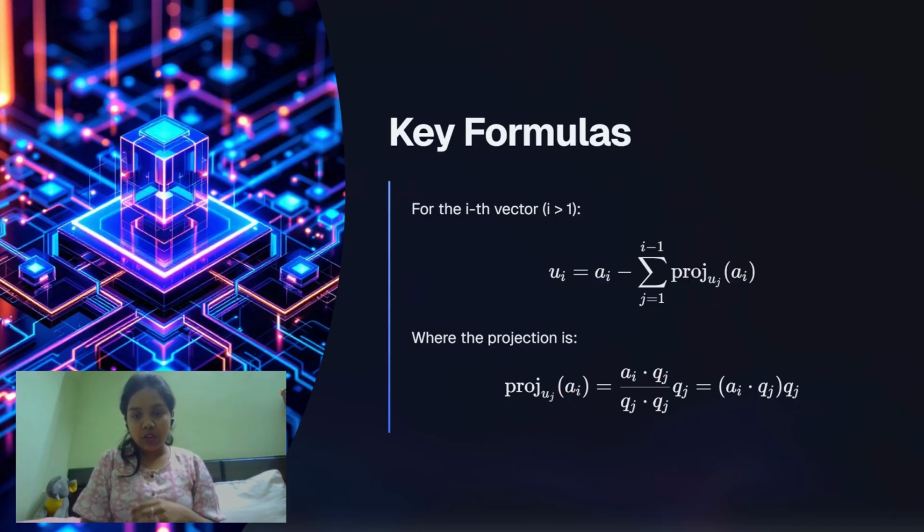This projection formula shows how we can calculate how much of one vector lies in the direction of another. It is a powerful tool for simplifying complex vector relationships, and is essential for understanding how data behaves in high dimensional spaces.